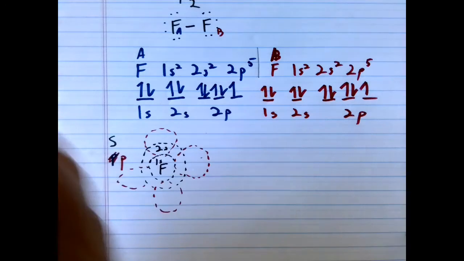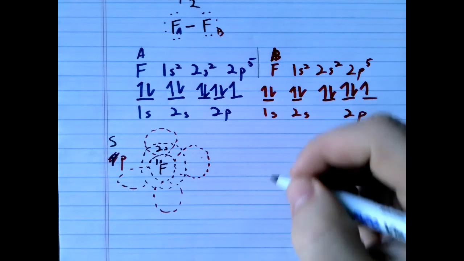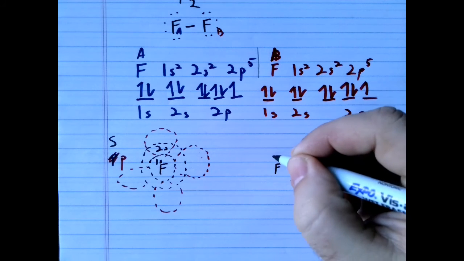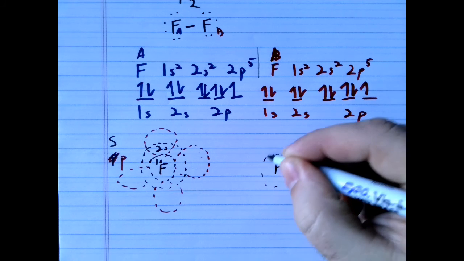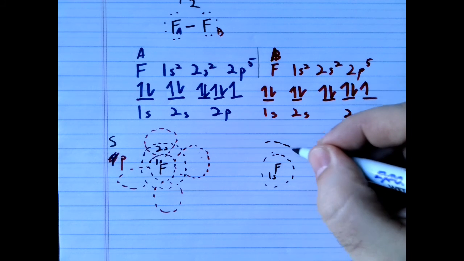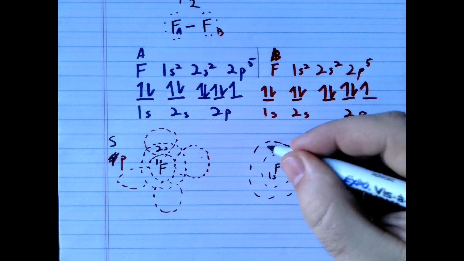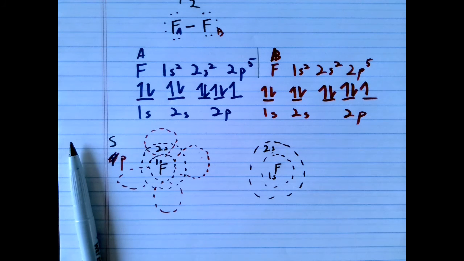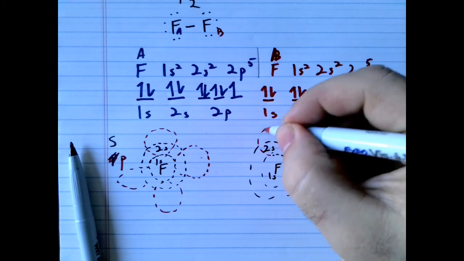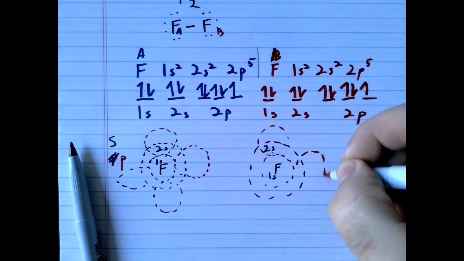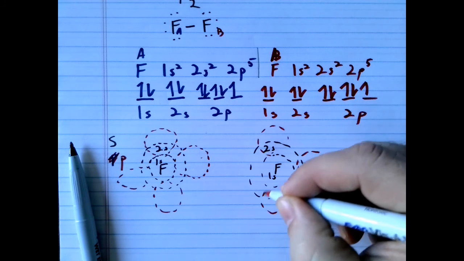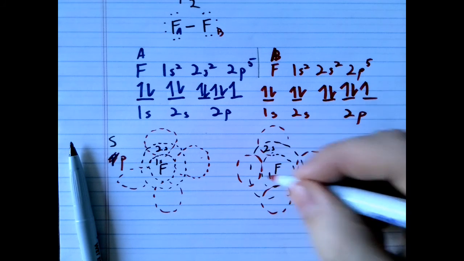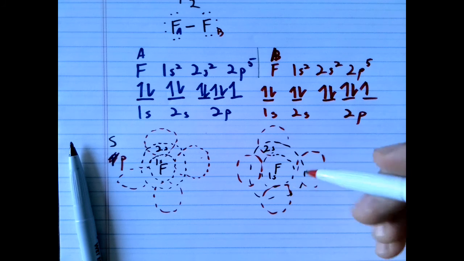And so if I've got a fluorine here, and I've got another fluorine here with all of those same orbitals, the 1s, the 2s, and then my 2 p's, and again, there's one coming out of the page and one going into the page.